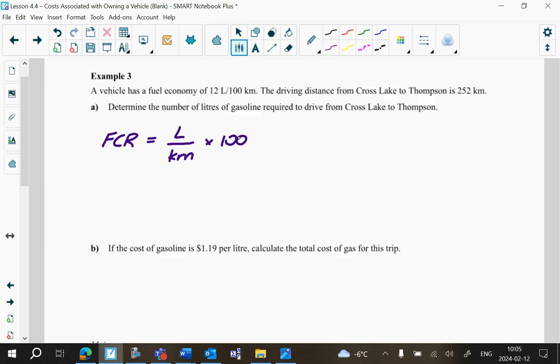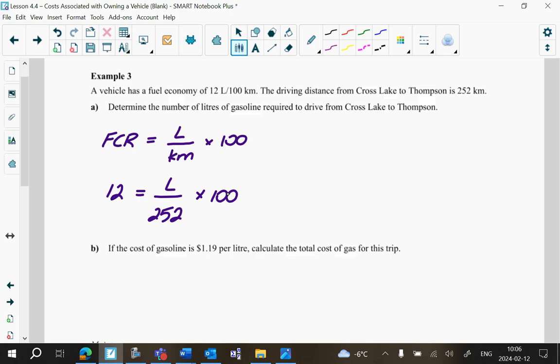We are told that the fuel consumption rate is 12, which is equal to some liters divided by the 252 kilometers that you drive, times 100. So you have to think a little algebra.